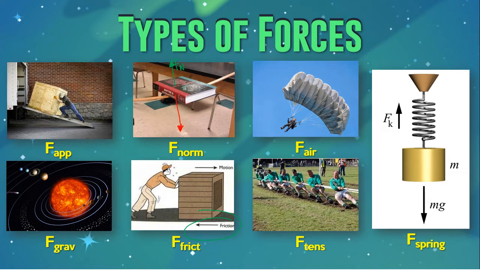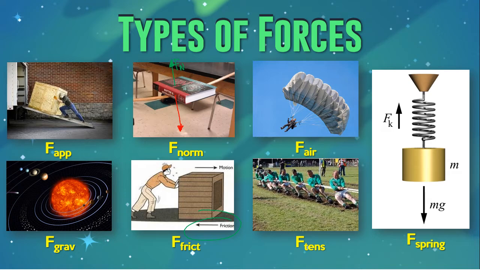For example, if this guy is just starting to push this heavy box, para gumalaw to, he needs to overcome the static friction. Though it is not always the case, the friction force often opposes the motion of an object. For example, if a book slides across the surface of the desk, then the desk also exerts a friction force in the opposite direction of the motion of the book.